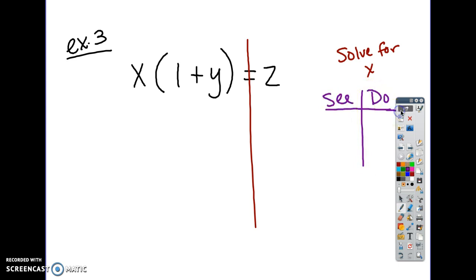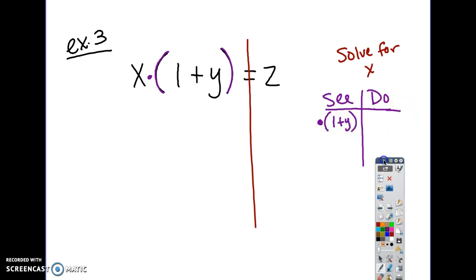You're going to ask yourself, what is happening to the x? What is the x doing right now? It's multiplying by this whole big thing, right? It's multiplying by parentheses 1 plus y. So how are you going to get rid of it?